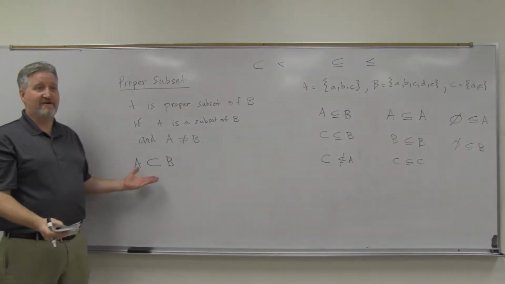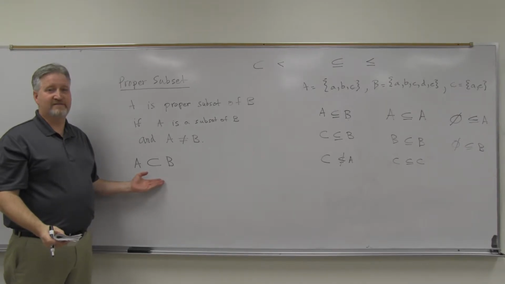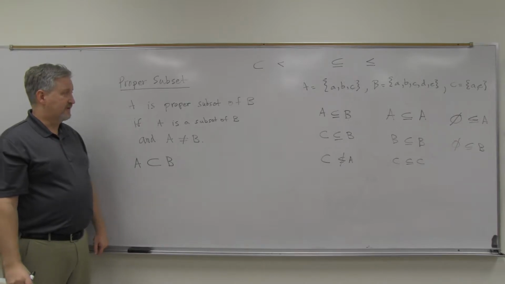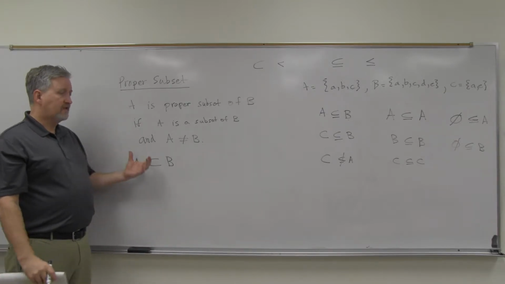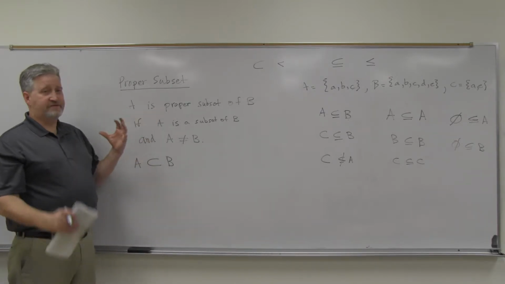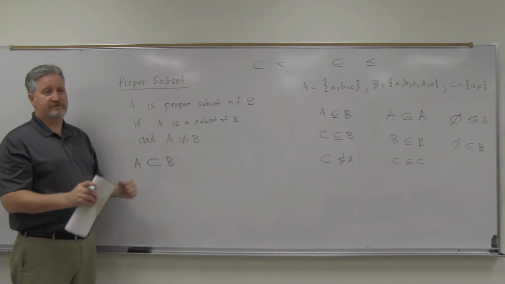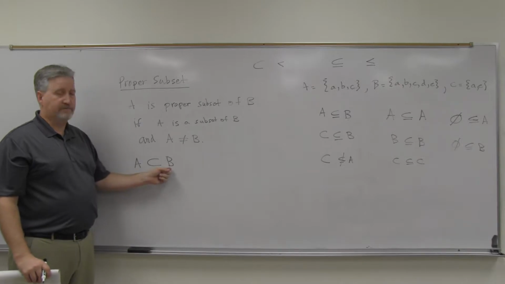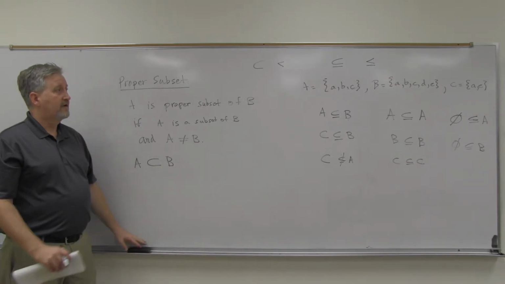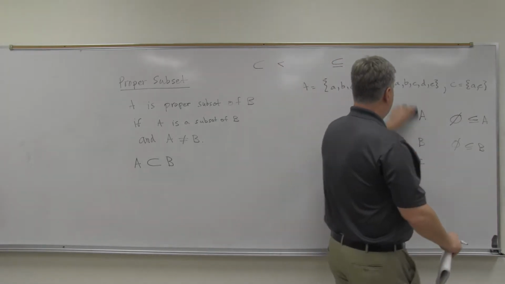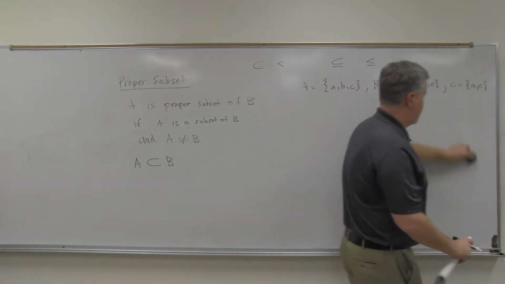It's the equal to part, right? The equal to part's missing. And that's what this is saying. So in a way, the proper subset has to be a smaller set because it can't be equal to the set. A can't be equal to B. All right? So going with our sets over here in the proper subset, okay, so much the same.